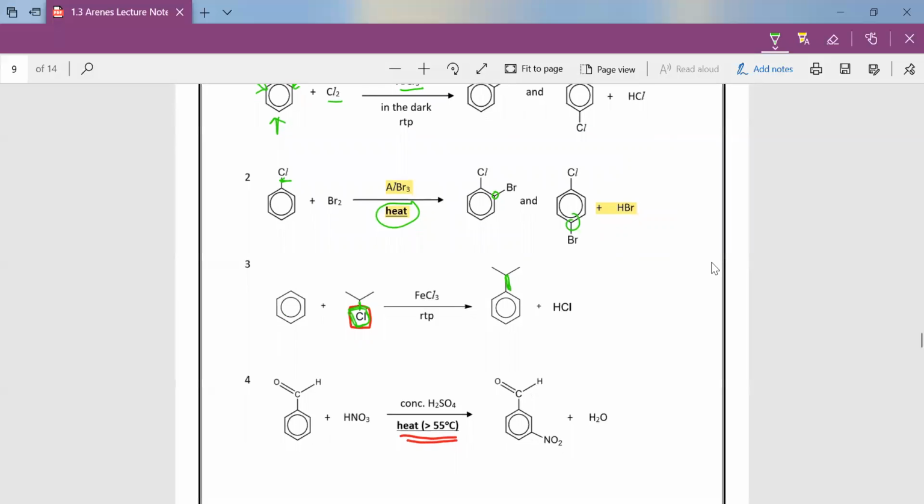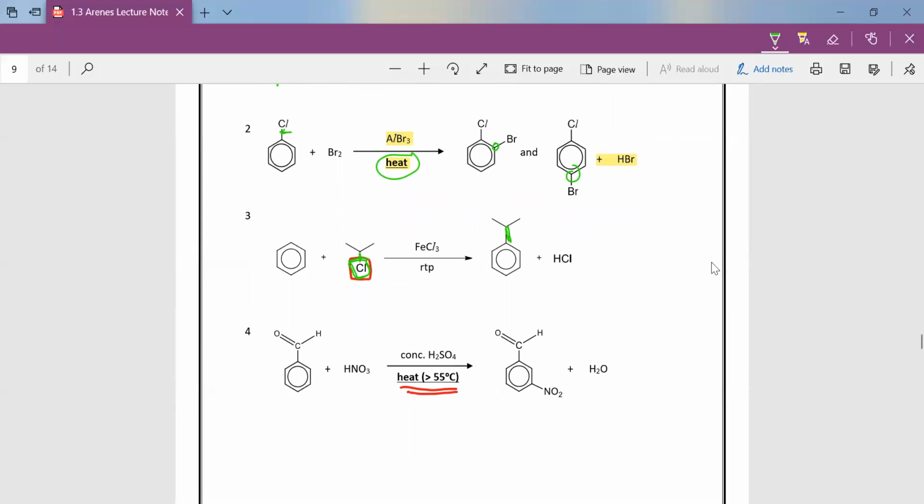Okay, the last question: this substituent is actually deactivating. So you need a very high temperature to make the reaction work, and it is going to be 3 directing.